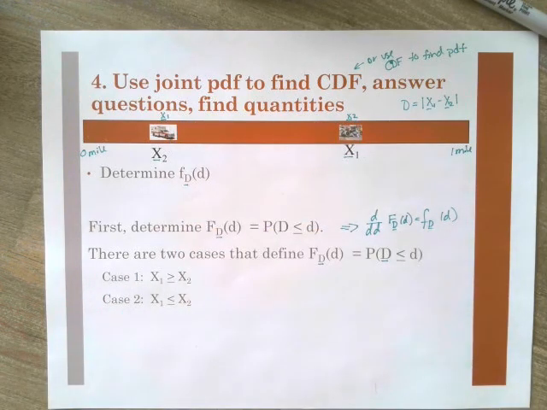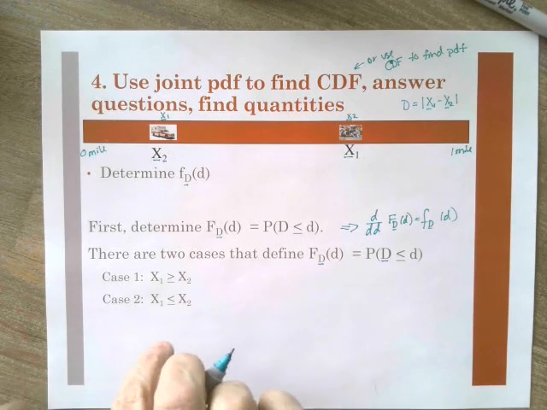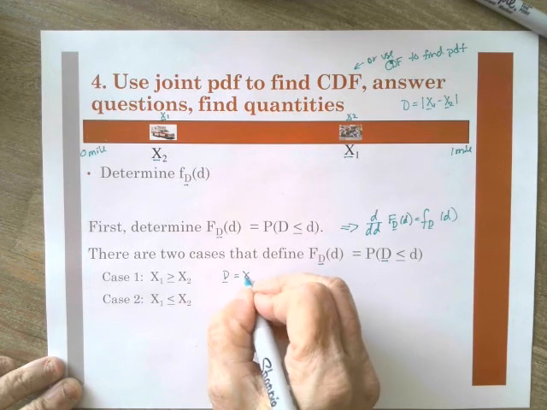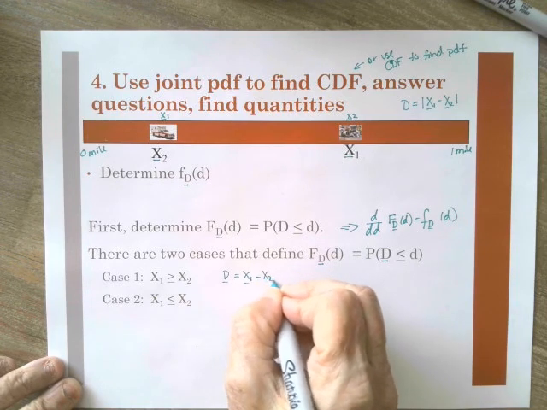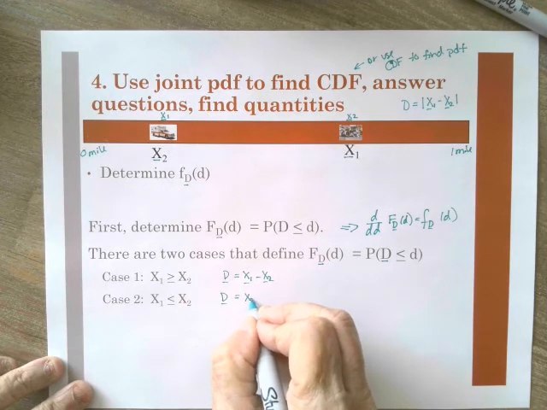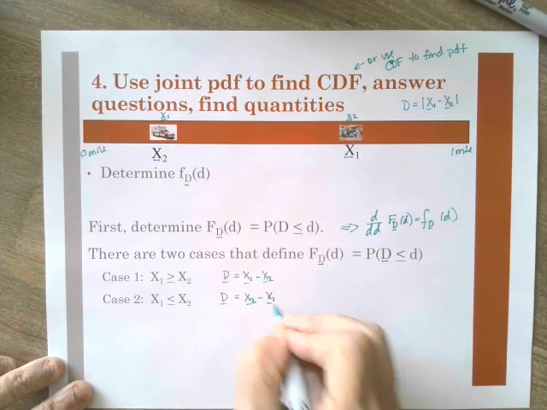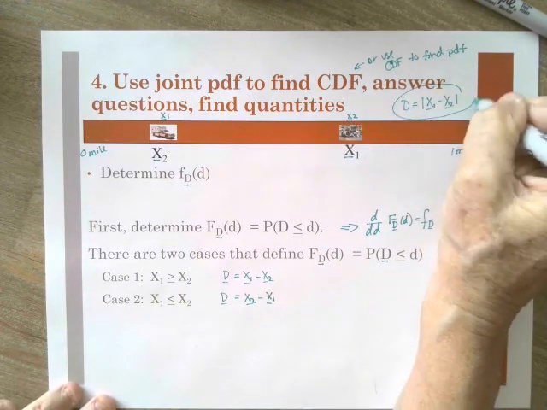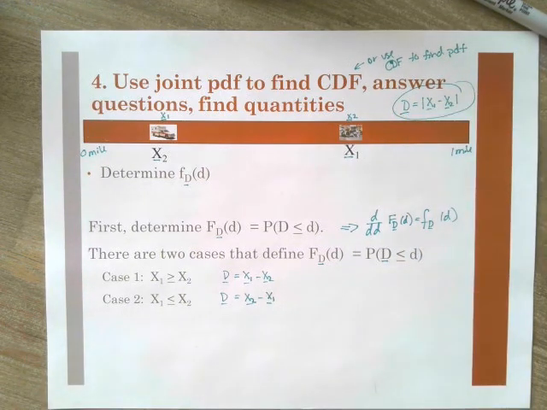So I have both of these cases here. And that would mean that in this particular case, the distance between the two would be x1 minus x2. And then in this case, the distance between the two would be x2 minus x1. And that's the whole point of that absolute value equation right here for my random variable d.